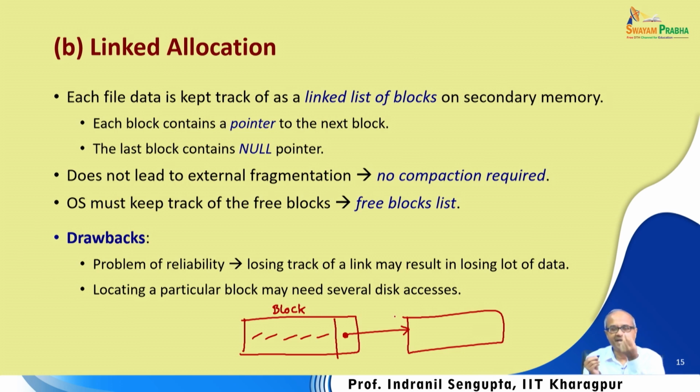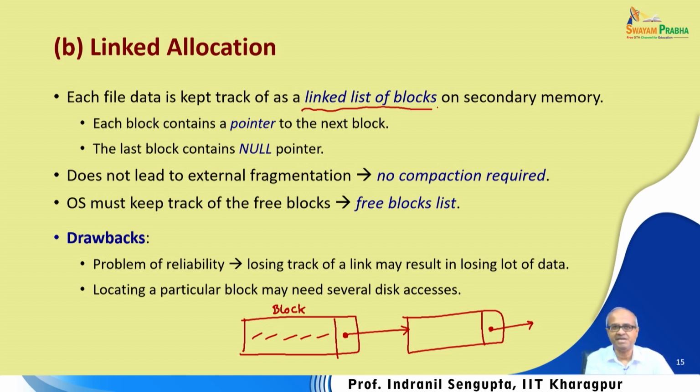I am taking out a few bytes from each block and storing a pointer which will contain the address of the next block. So, I am maintaining a linked list of blocks. The blocks need not be contiguous, they can be anywhere in the disk.